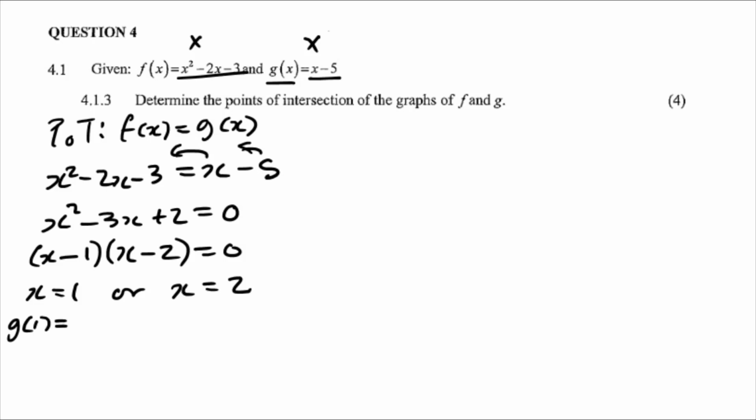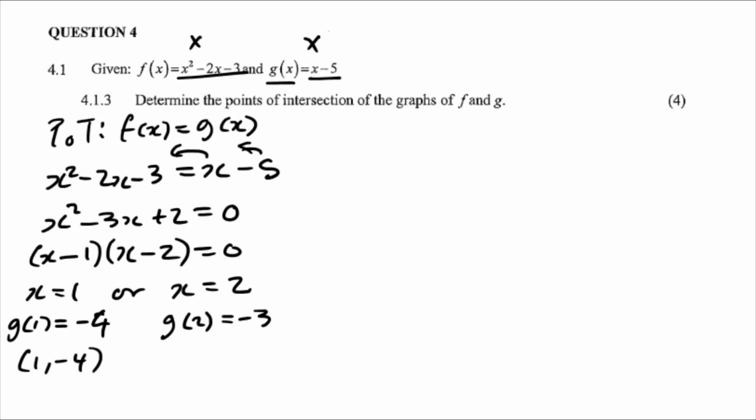Then g of 2, which would be 2 minus 5, which is -3. So now the coordinates of the points of intersection would be 1 and -4. That's your first coordinate, and then the next coordinate here would be 2 and -3.